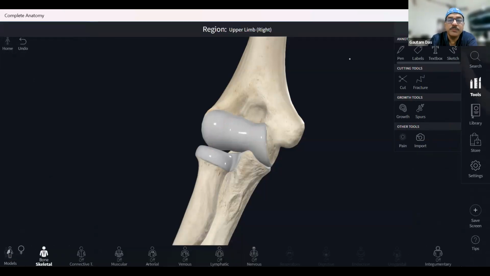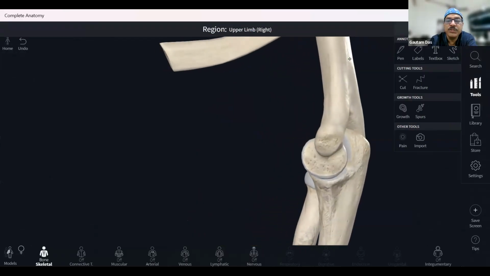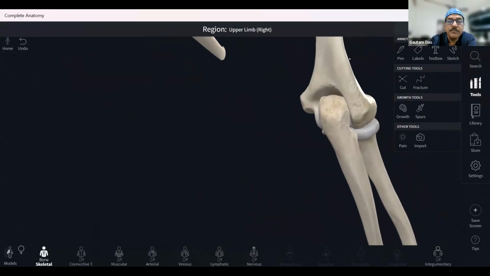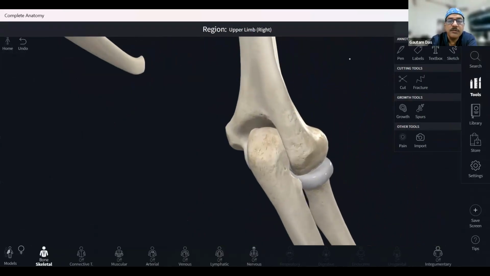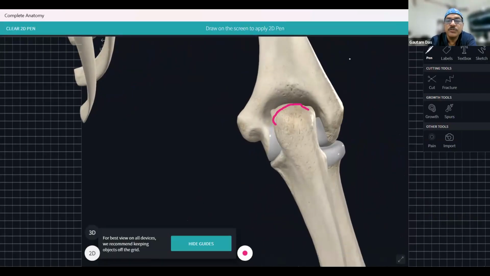Now, if we go to the medial side, I already told you this is your sublime tubercle, and this is the epicondyle, the medial epicondyle. If we go more posteriorly, this is your olecranon process, and this fossa is the olecranon fossa. This is from the posterior side, and the triceps tendon, triceps being three muscles together, gets attached to the olecranon process.